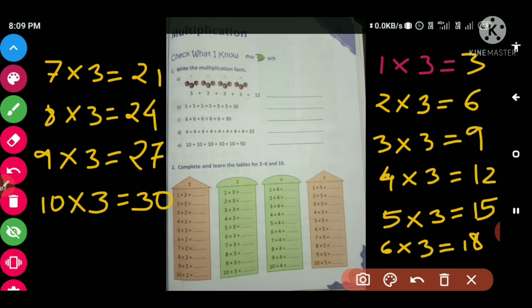This is the table of 3. This one also you will write in your book.